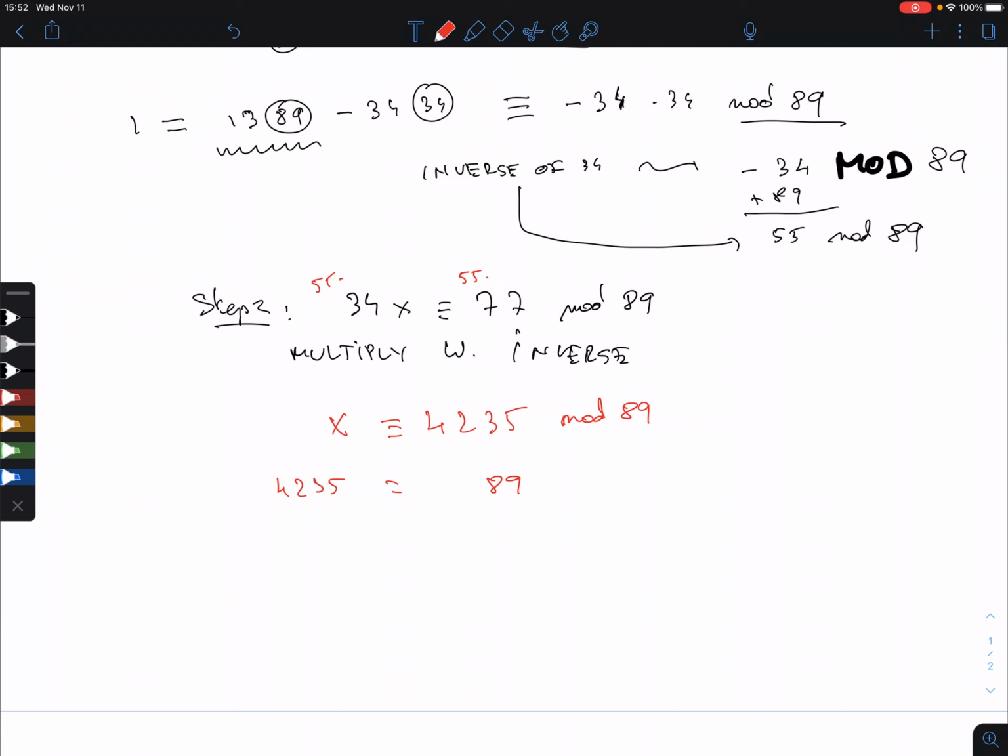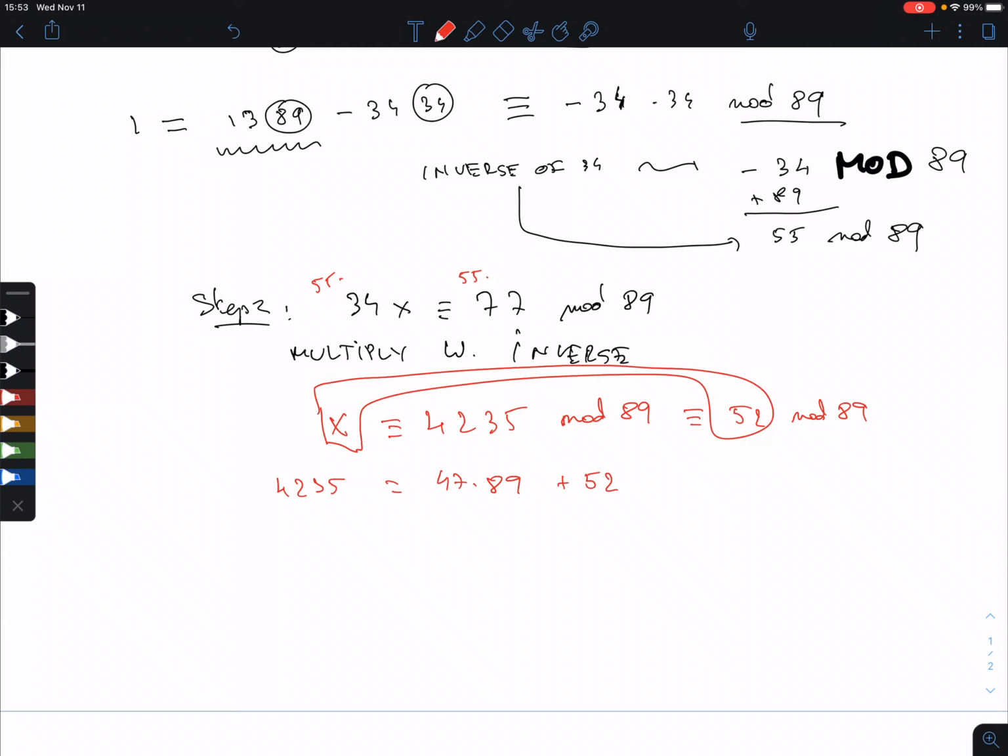So I divide this by 89. That is 47 times. And 47 times 89 is 4183. We subtract that from 4235, and the result is 52. So this is equivalent to 52 mod 89, and this is now our answer. x is 52 mod 89.